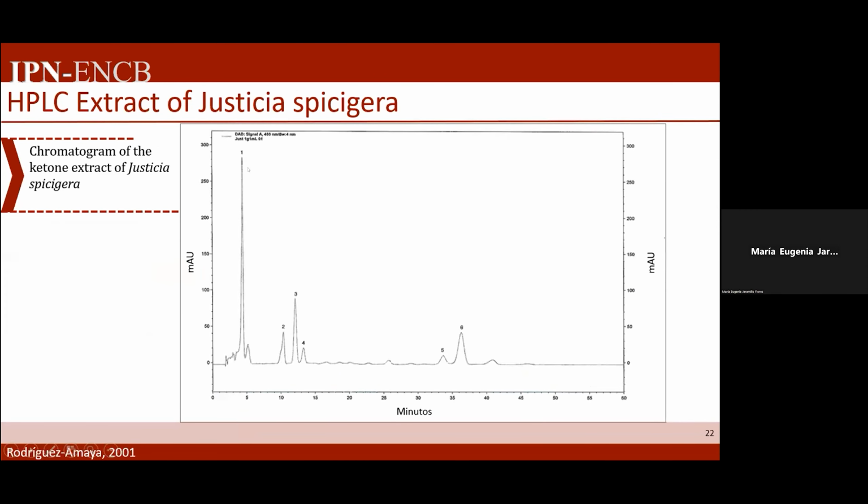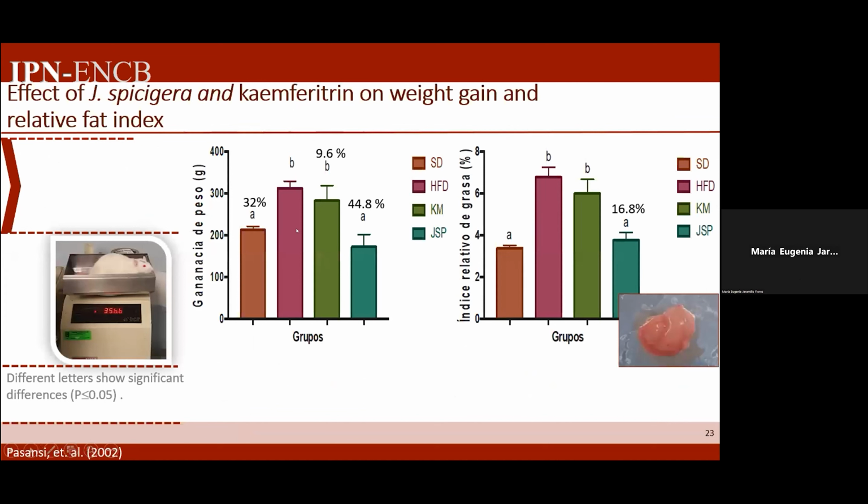We made the chromatographic characterization of the acetone extract of Justicia spicigera, and we can find several carotenoids present in the plant.